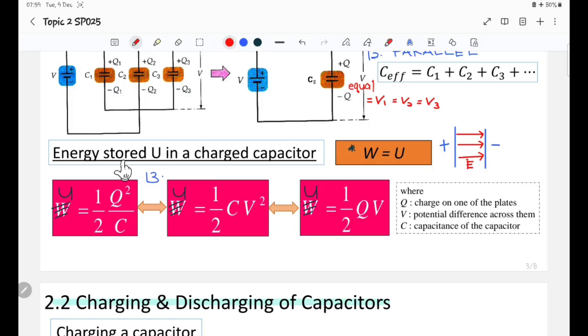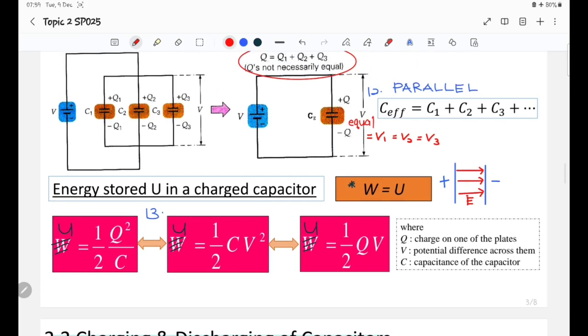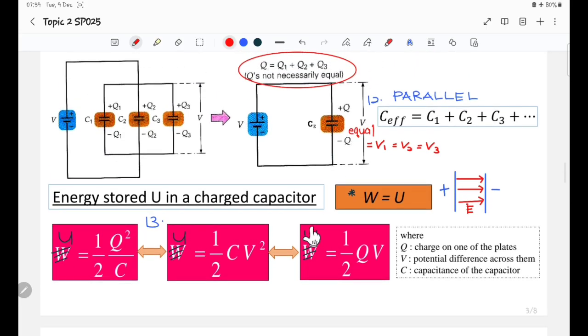Okay, so to calculate the amount of energy stored U, capital U in a capacitor, okay, we have this equation number 13 here, where U is equals to half Q squared over C, or we can also use U equals to half CV squared, or lastly we have the third equation for U, which is half QV. Okay, so kat sini tiga-tiga equation ni adalah equation yang sama, iaitu mencari energy stored.